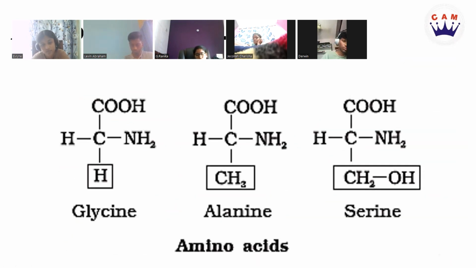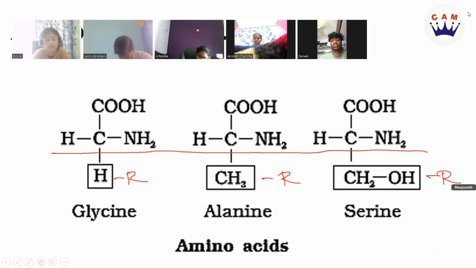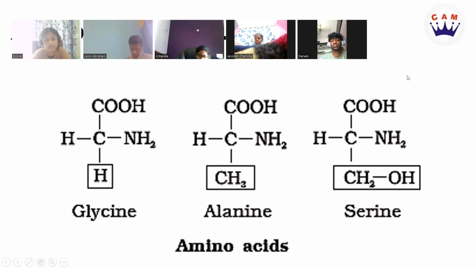See, everything is the same. In all 20 different amino acids, these 3 functional groups will be the same. This will be different. If R is hydrogen, glycine. R is methyl, alanine. R is hydroxymethyl, serine. Next.